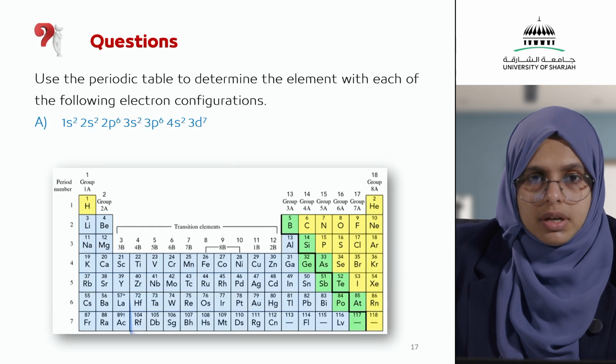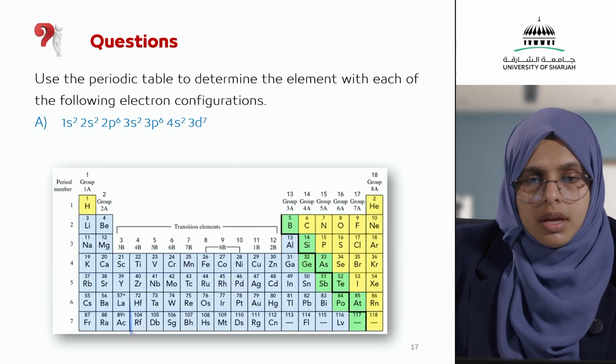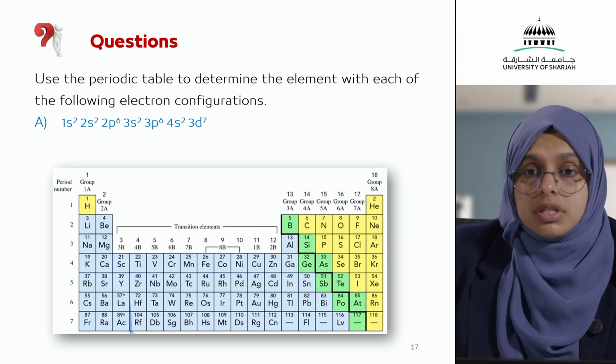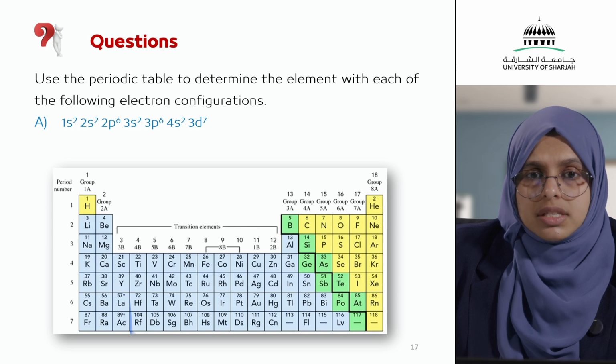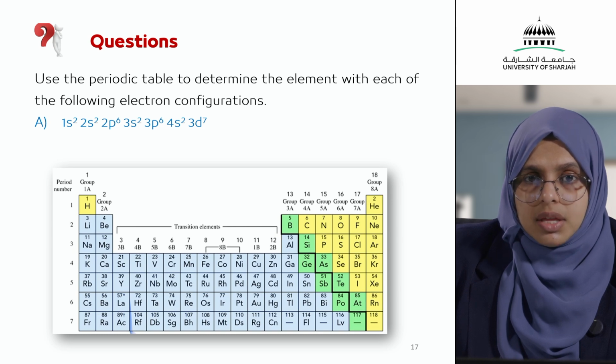Now let's try to answer these questions. Use the periodic table to determine the element with each of the following electronic configurations. The electronic configuration given here is 1s2, 2s2, 2p6, 3s2, 3p6, 4s2, 3d7.